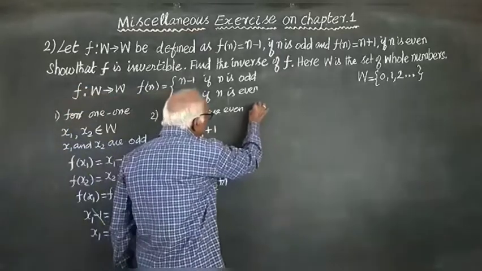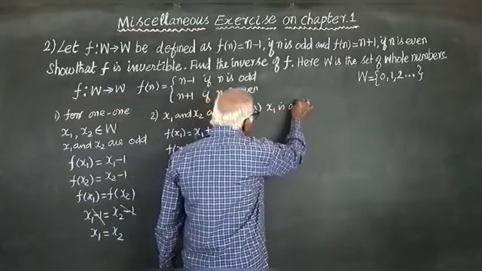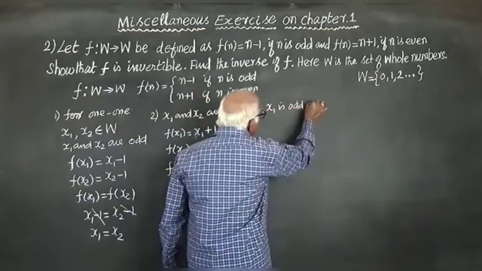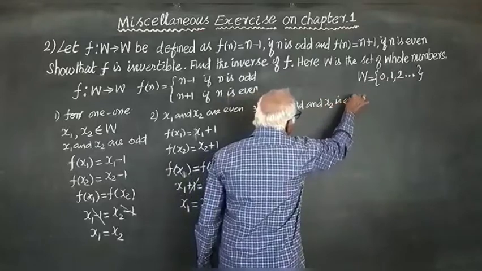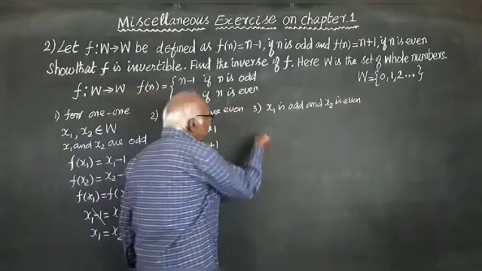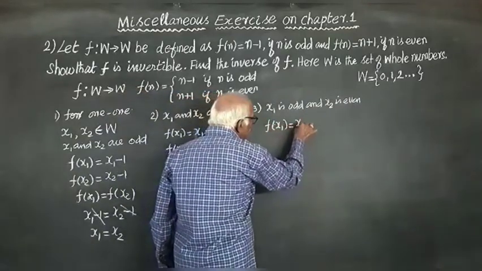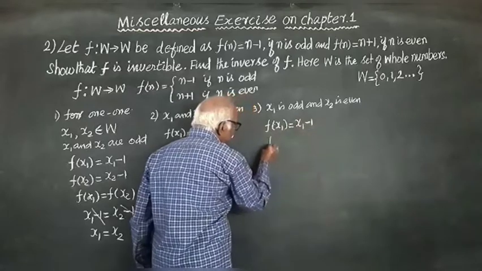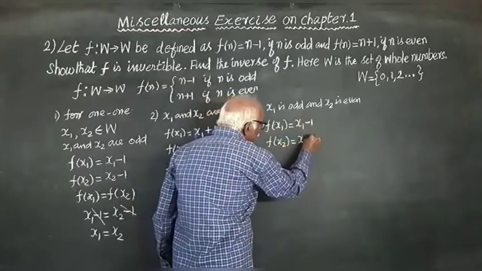Now case 3: x1 is odd and x2 is even. f of x1 equal to x1 minus 1. f of x2 equal to x2 plus 1.